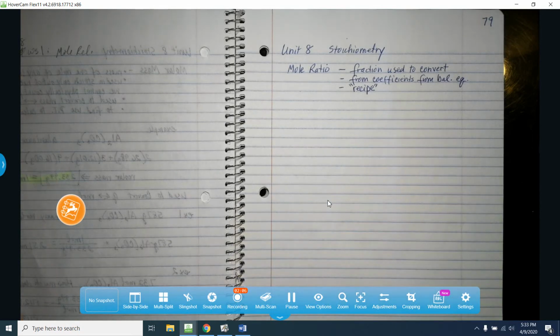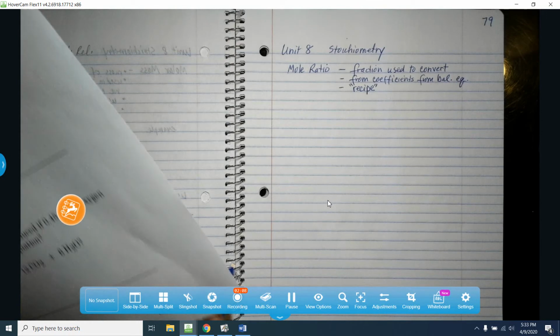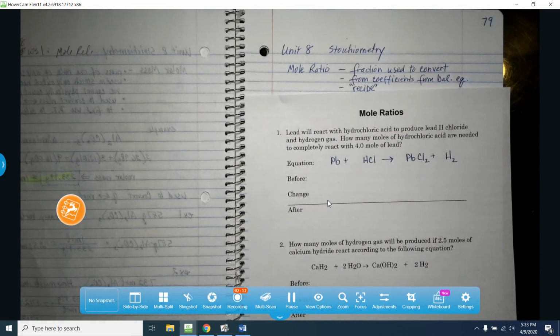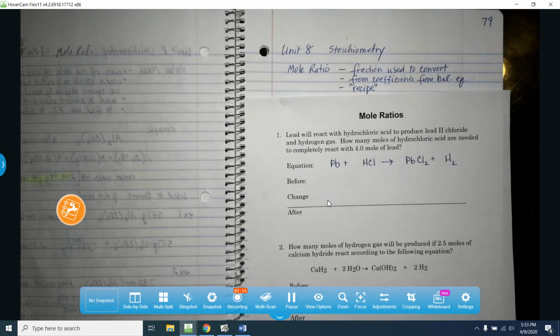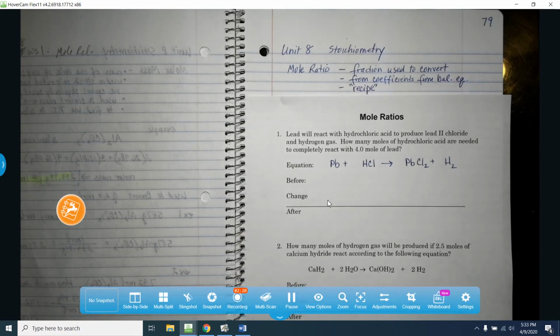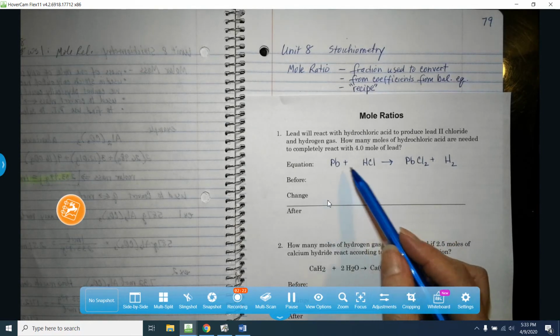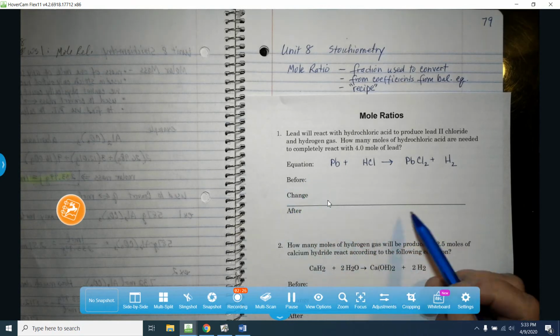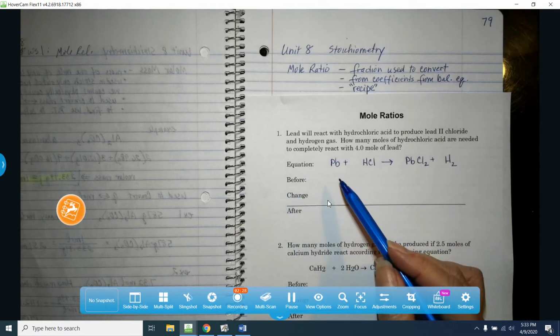All right, now you should have this printed out already. If you don't have it printed out, or if you don't have a printer, then no worries. Just when you write your notes, make sure you're writing the equation down and then writing this chart out, BCA, okay?